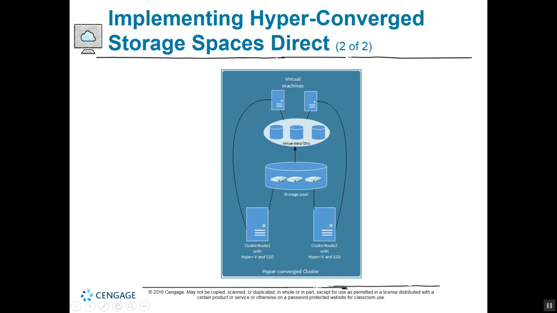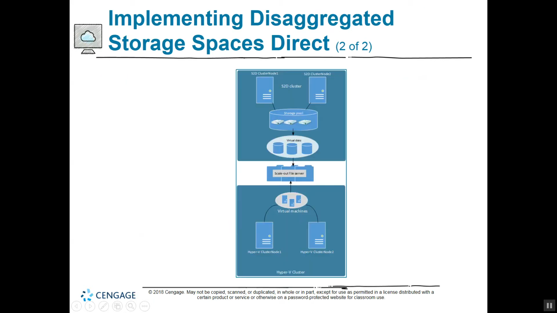We see an instance of it here as our storage pool, virtual disks, virtual machines, and then the cluster nodes. Now here's disaggregated direct. And we've got this scale out file server in between.